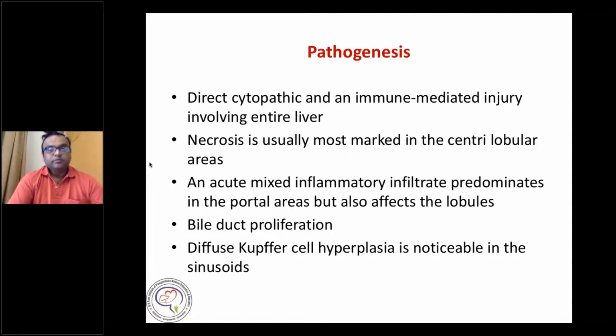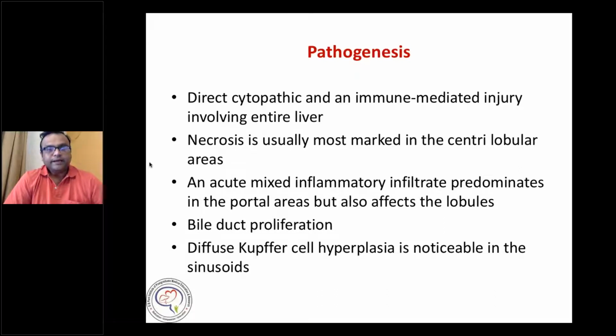If it is immune mediated, most of the time it leads to necrosis, and you will find an acute mixed inflammatory infiltrate if you take a liver biopsy, predominantly centered in and around the portal areas.